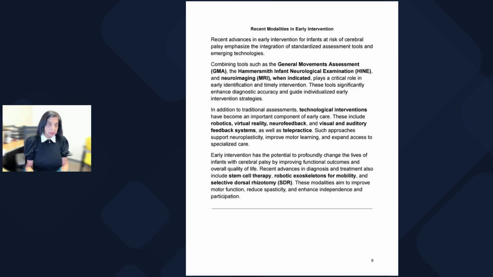These tools enhance the diagnostic accuracy and they guide the individualized early intervention. In addition to the traditional assessment, the technologic intervention has become an important component of early tools.